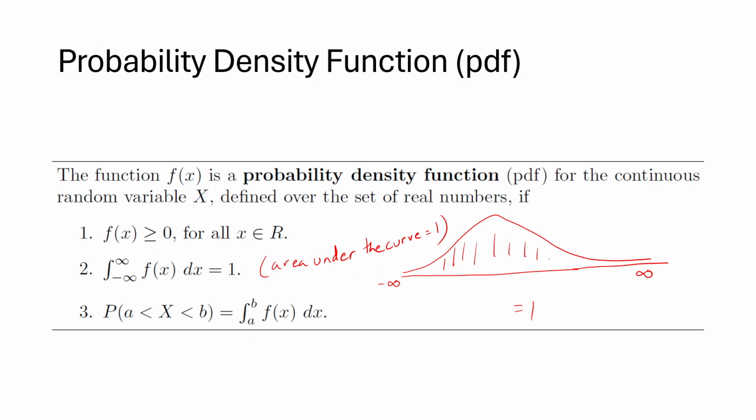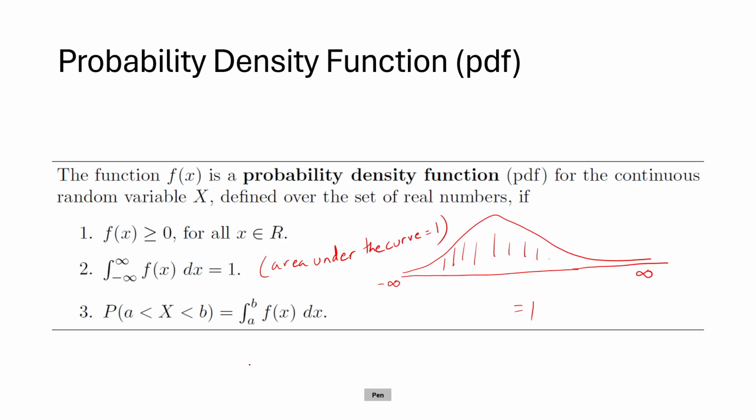Area under the curve is equal to 1, and the next thing says that the probability of x lying between a and b is the same as the integration from a to b of f of x dx. So what do you mean by that?